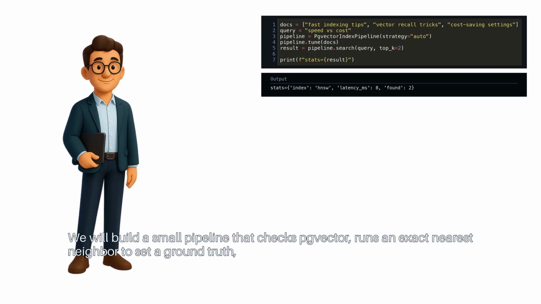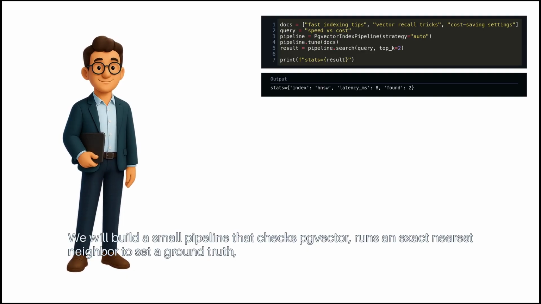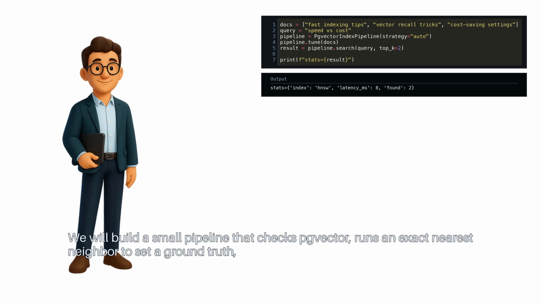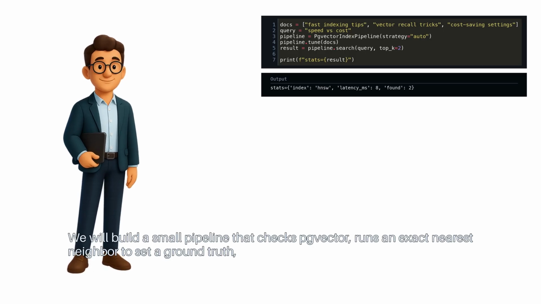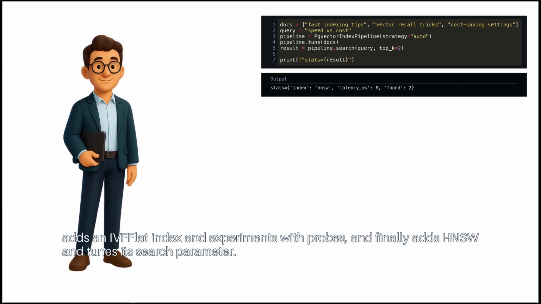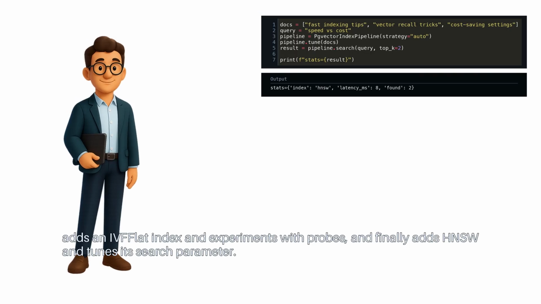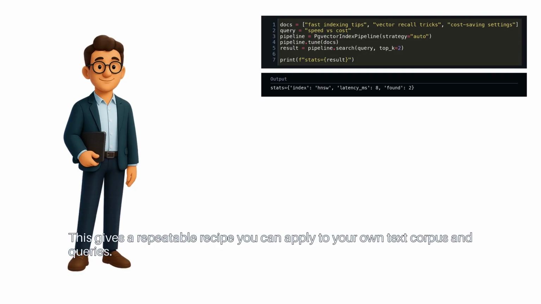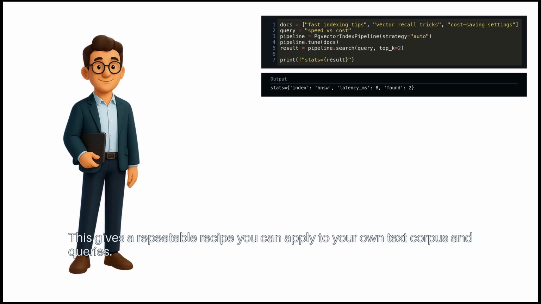We will build a small pipeline that checks pgvector, runs an exact nearest neighbor to set a ground truth, adds an IVFFlat index, and experiments with probes, and finally adds HNSW and tunes its search parameter. This gives a repeatable recipe you can apply to your own text corpus and queries.